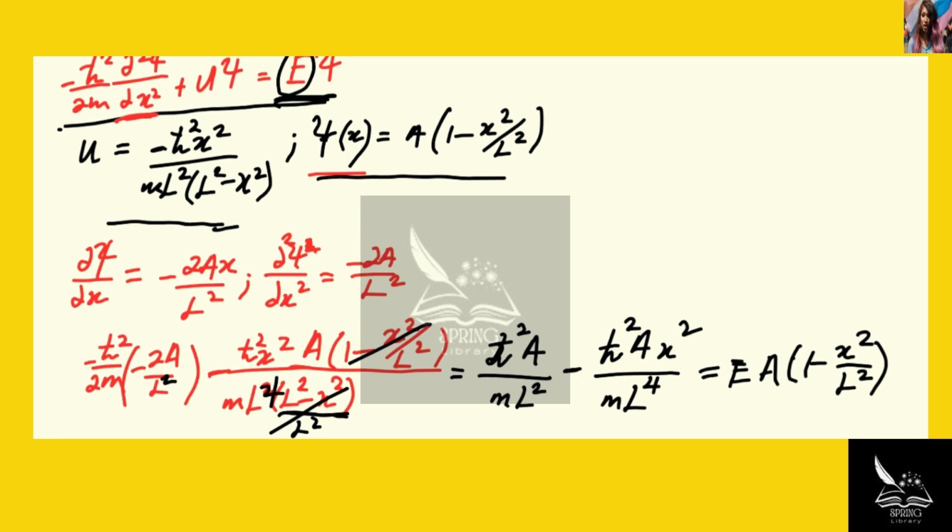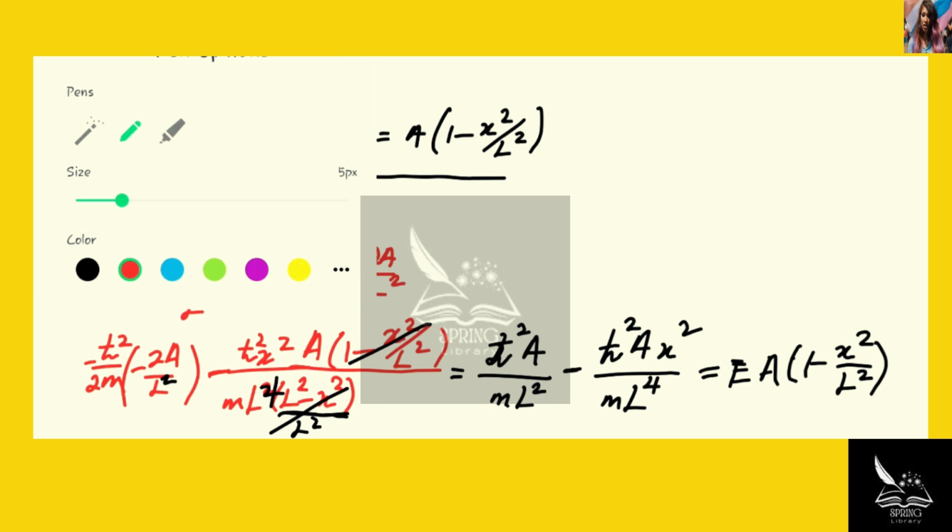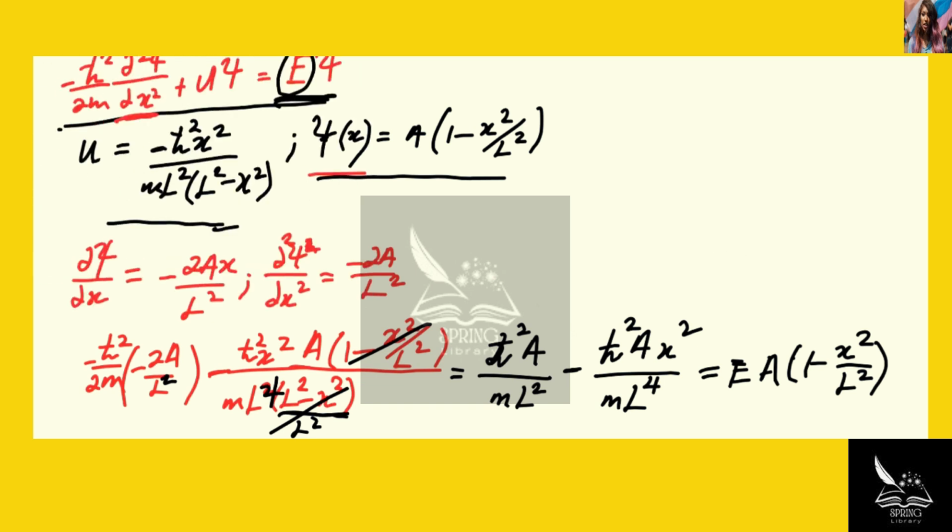Again, if you're quick, you should be able to see that there are quite a few common factors on the left hand side of the expression, and the common factor would be h bar square A over m L square. If we factorize that out, what we get left is 1 minus x square over L square, which is pretty familiar from the right hand side.